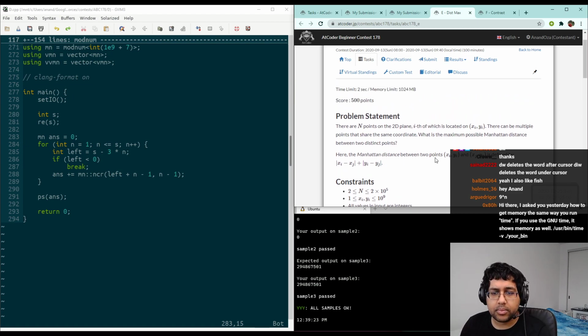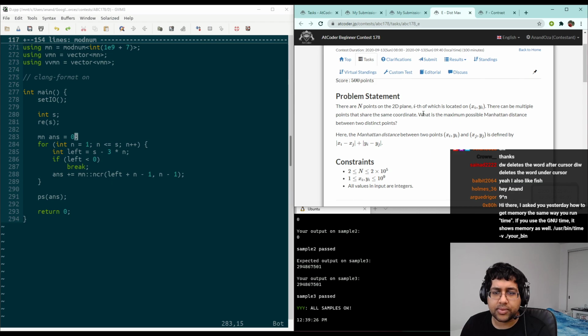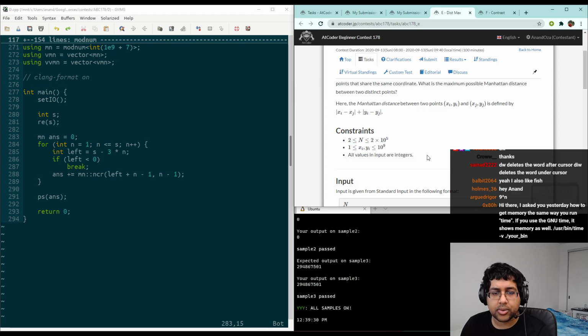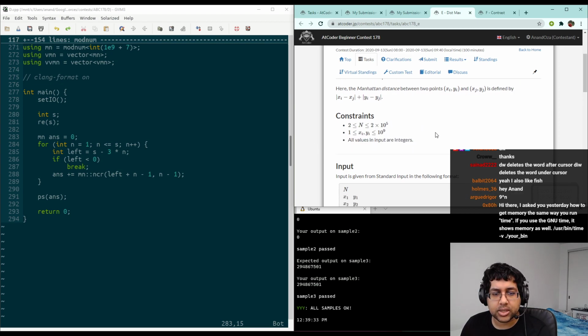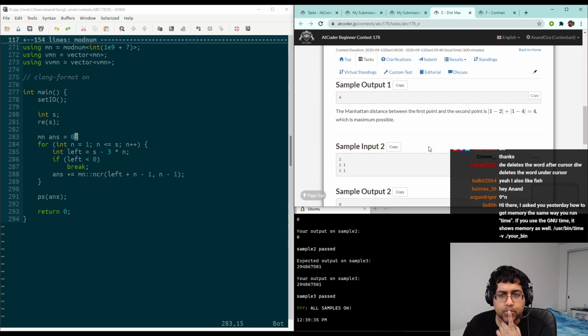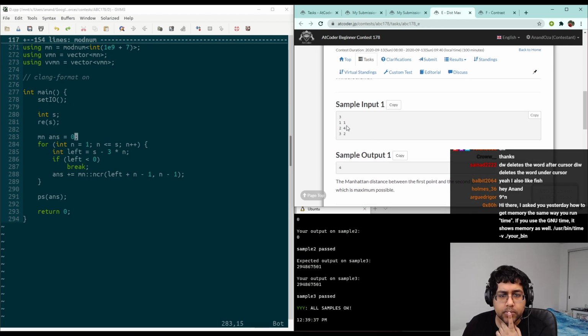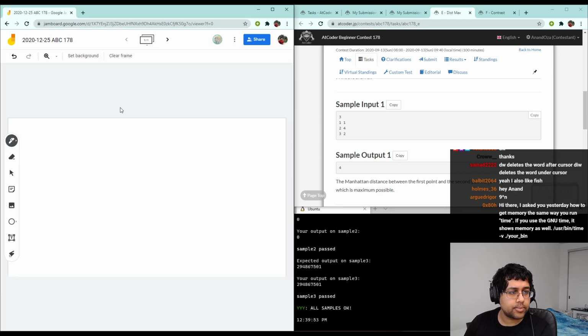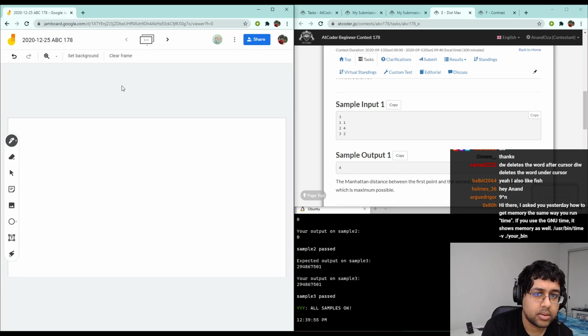Okay. You have a bunch of points and you find the maximum possible Manhattan distance. And we can't go through all the pairs of points because n squared is too big. So for this one, let's draw a picture.